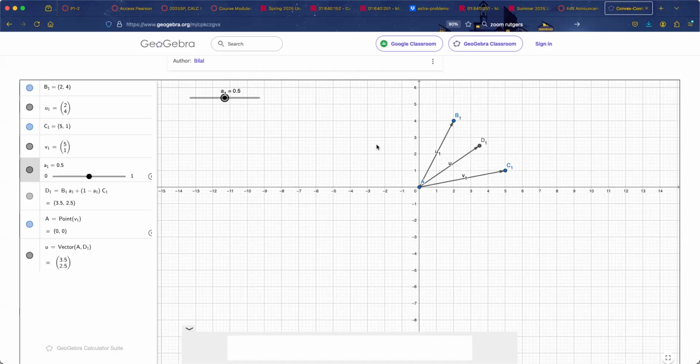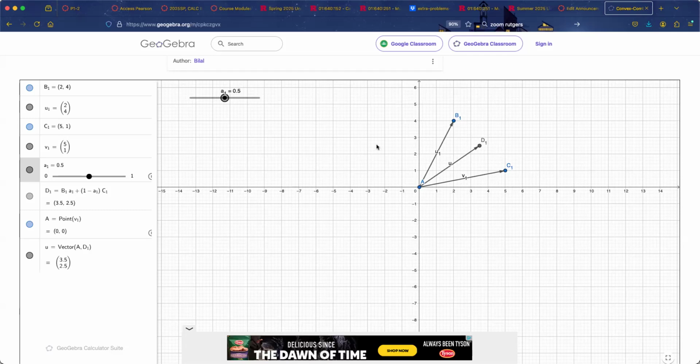And so when you add these two together, this vector ends at the midpoint between these two vectors, if that makes sense. So that's why you see the vector here in between.